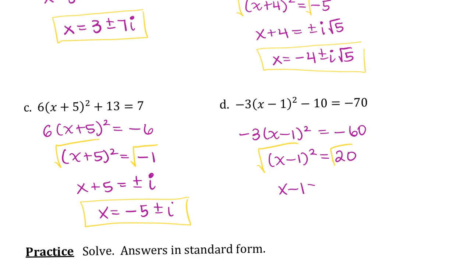X minus 1 equals plus minus. The square root of 20 is not imaginary, so no i in my answer. Can I simplify that? Sure, I can do 4 and 5. So plus or minus 2 square root 5, and then I'm going to add the 1 to the other side. So 1 plus or minus 2 root 5. Okay, so this one did not have an imaginary solution. It was a purely real solution, and that's okay.